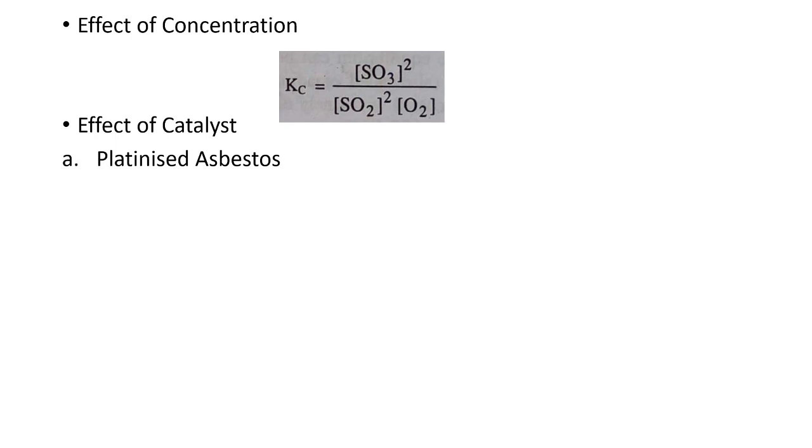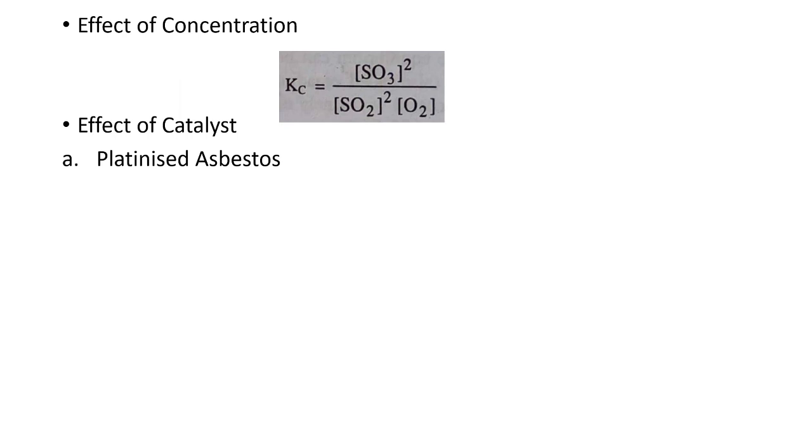So in our discussion we are discussing the contact process, and for the contact process there are two types of catalysts that we are using. The first is platinized asbestos. So what is platinized asbestos? Basically, asbestos coated with finely divided platinum is called platinized asbestos.